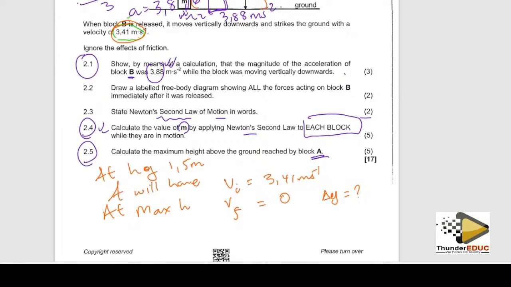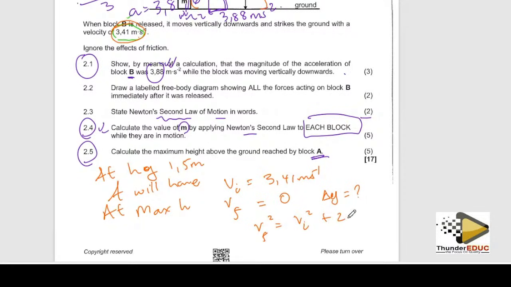Good people, what do you think? So I can use that formula of VF squared is equal to VI squared plus 2G. If I use G, I can use A. I don't need to use G as such.